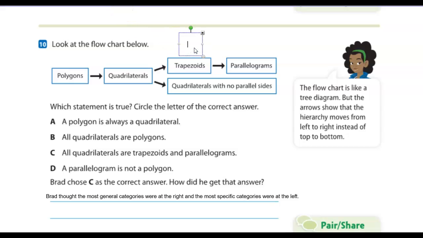So right up here, if you need help remembering this, and you may have made this same mistake that Brad made, then you need to make these notes. So, most general are to the left of the boxes, and the most specific are to the right. And he got it backwards.